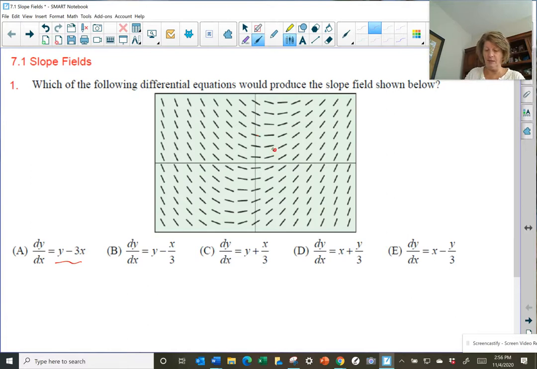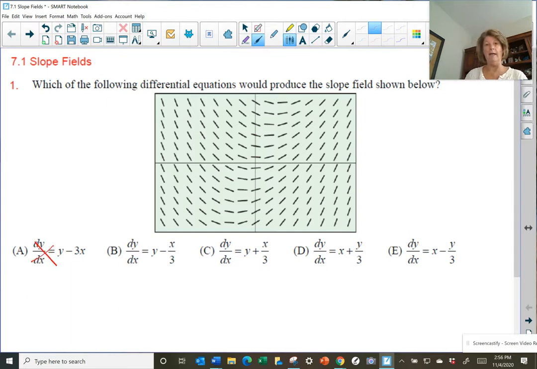If I pick just a point, and I don't know exactly the scale on this, that's another problem here, but if I thought about 1, 1, somewhere close to the origin, I'd have 1 minus 3, and that would give me a negative slope. I don't see anything that resembles a negative slope in quadrant 1 close to the origin, or even as I move out, so this is not a valid answer. I've got A marked off.